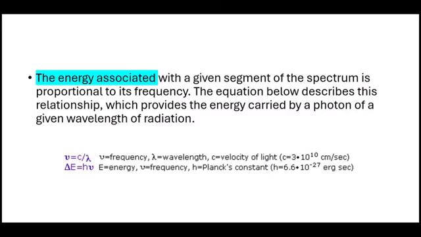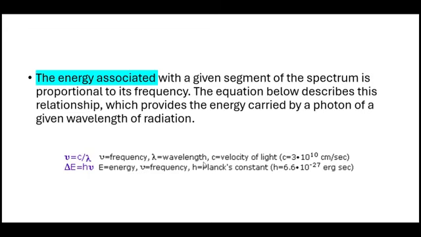The energy associated with a given segment of a spectrum is proportional to its frequency. The equation below describes this relationship, which provides the energy carried by a photon of a given radiation.